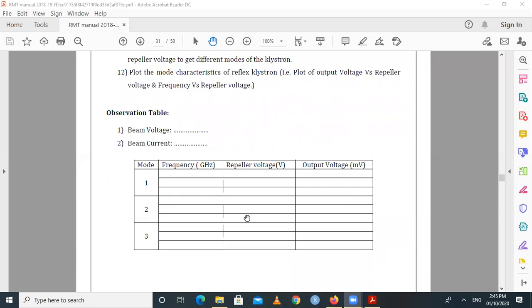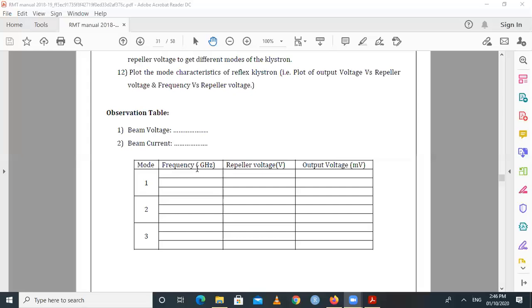What we have to do here, we will only reduce the repeller voltage until we are getting the first mode, and for that first mode also we take three readings, that is first minima reading, maxima reading, and second minima reading. And after that you have to go for second mode, third mode, and similarly for each mode you can calculate frequency, repeller voltage, and output voltage.